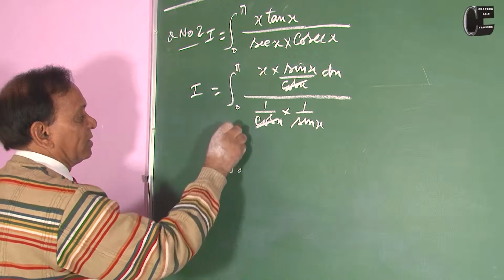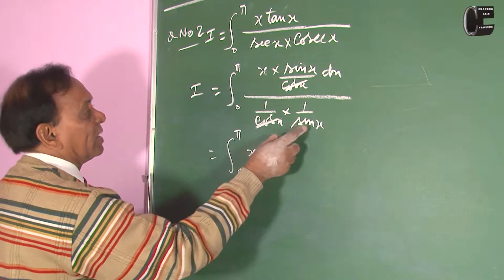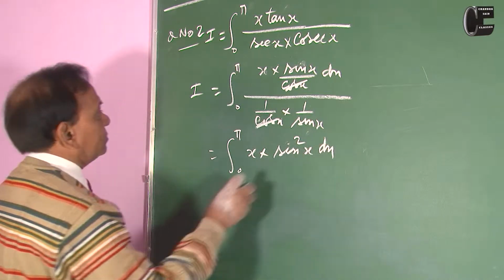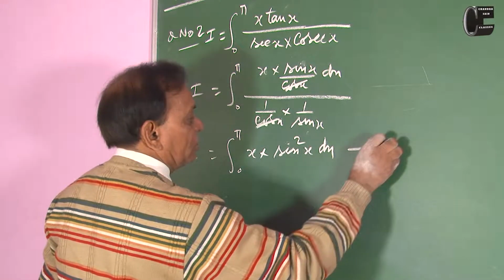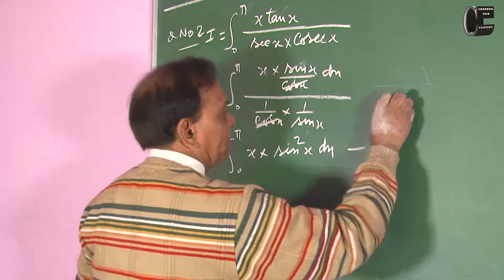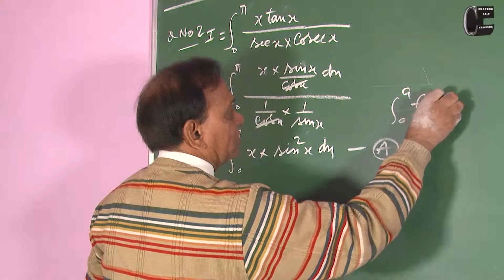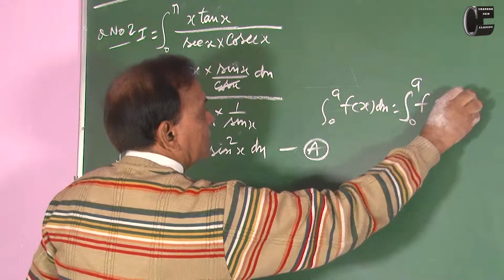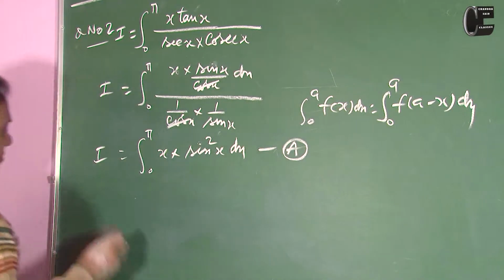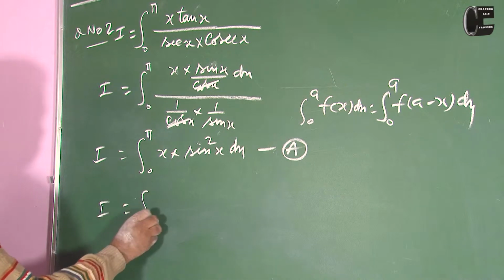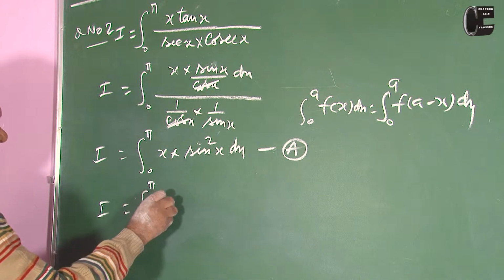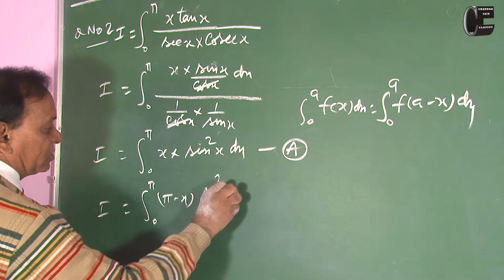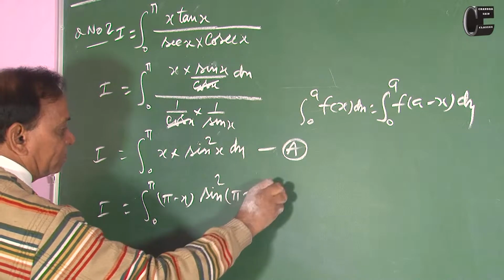This will be 0 to pi x sin x into sin x, sin square x dx. Let us suppose this is a. Apply the property 0 to a f(x) dx equal to 0 to a f(a minus x) dx. I equal to 0 to pi. For this put pi minus x and sin square of pi minus x dx.